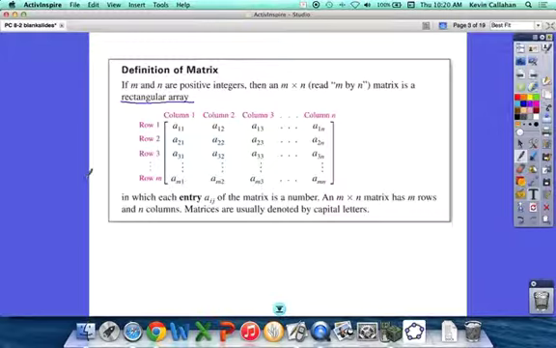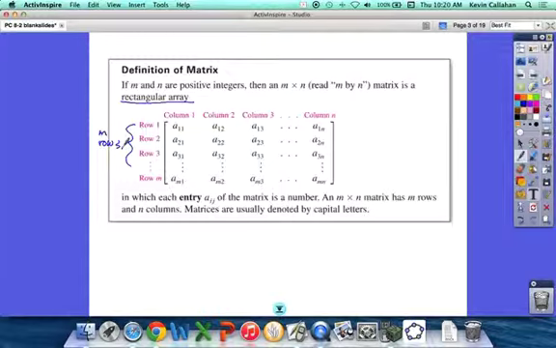Notice how on the left here it's counting down the rows: 1, 2, 3, and the last row is M. So there are M rows, and the columns go across like this: 1, 2, 3, and the last column is N. So there are N columns, meaning we'll fill in the M and the N in the end.